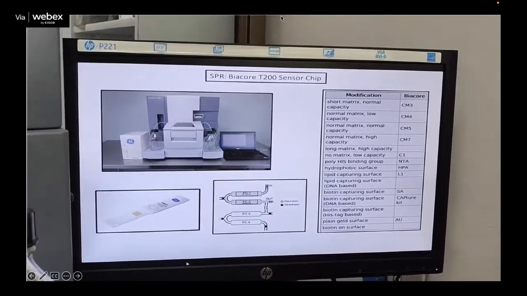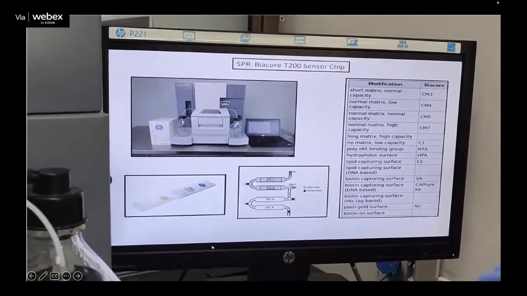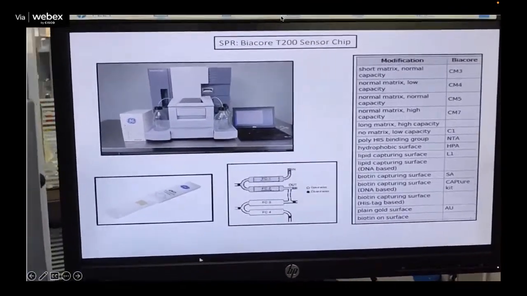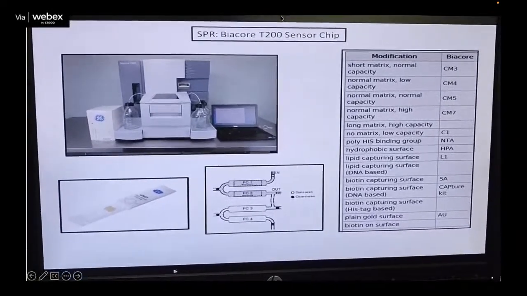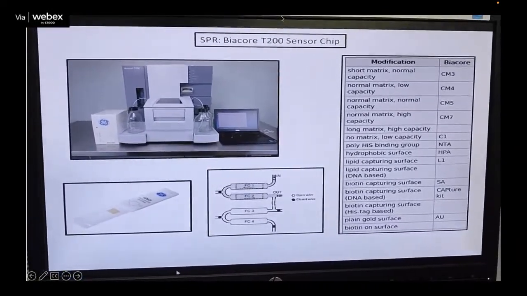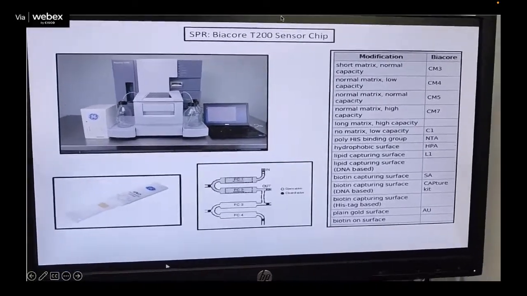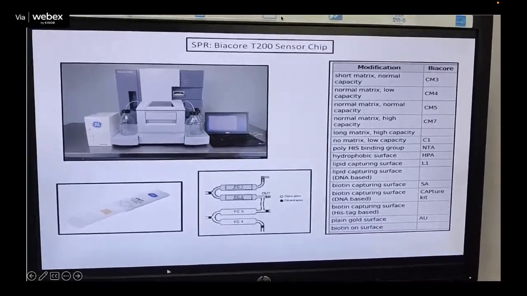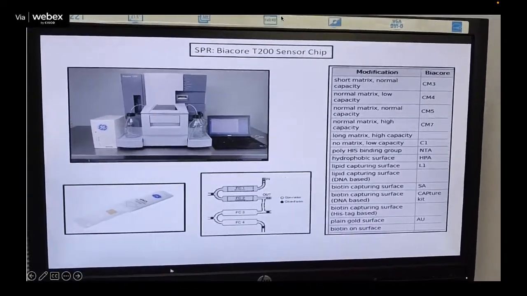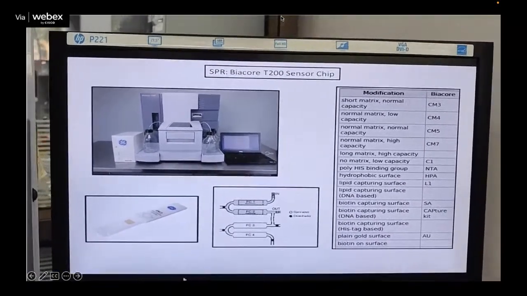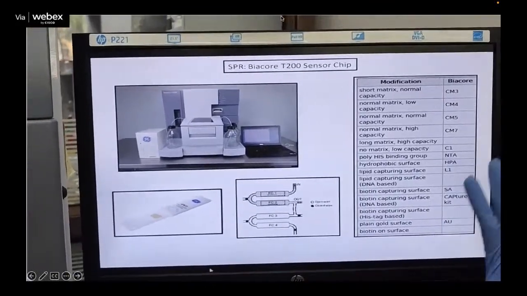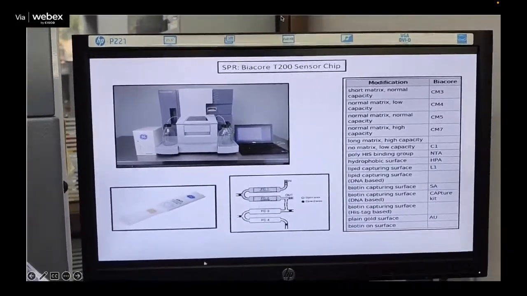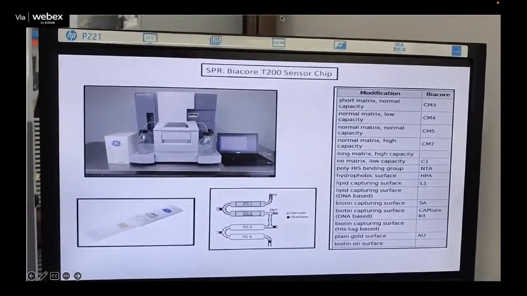On the basis of what experiment you want to perform, you will choose the chip. For example, if you want to immobilize His-tagged protein, you will use NTA. If you want to immobilize lipid, you will use L1. If you want to immobilize biotinylated nucleic acid, you will use streptavidin. This is how, on the basis of your experiment, you will use different types of chips.